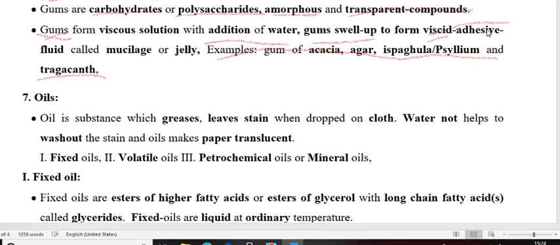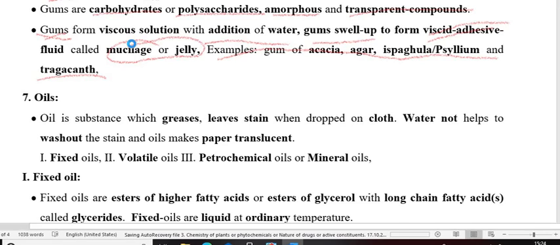What is mucilage or jelly? Gums mixed with water swell and form a viscid adhesive fluid. We call it mucilage or jelly.